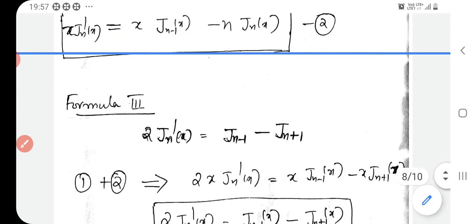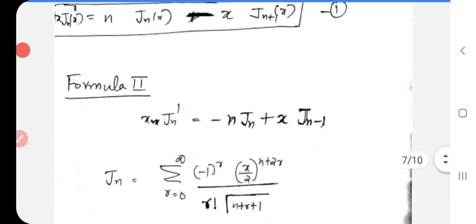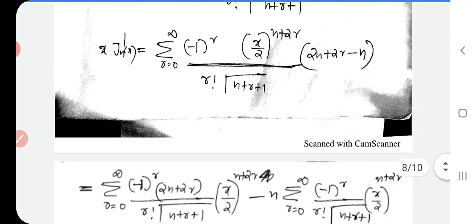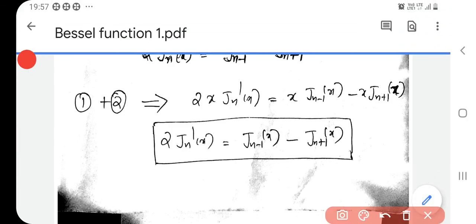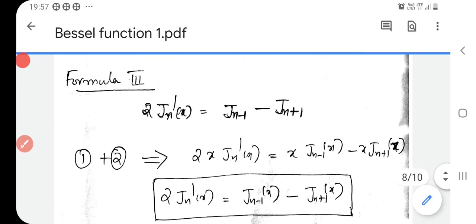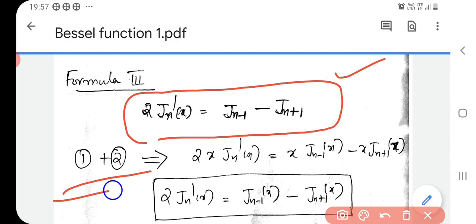Now if I add equation 1 and 2, this is equation 1 and this is equation 2, I get what? 2 j n prime of x equal to j n minus 1 minus j n plus 1 of x. This is quite simple. You just add equation 1 and 2.